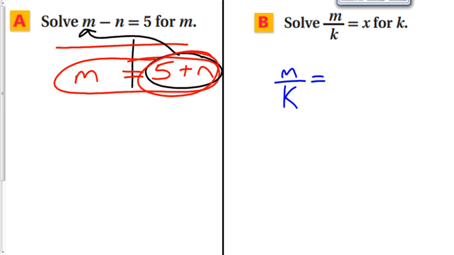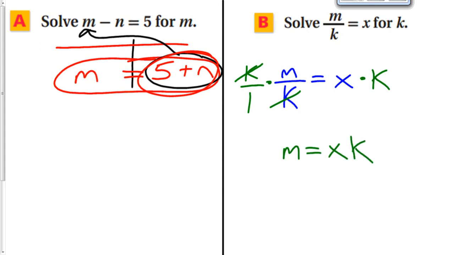If I multiply both sides by k, that'd be like k over 1. Well, this is like k divided by k, essentially. But I'd also have to multiply this side by k. So m equals xk. And then in order to solve for k, I would have to divide both sides by x, since k is being multiplied by x.